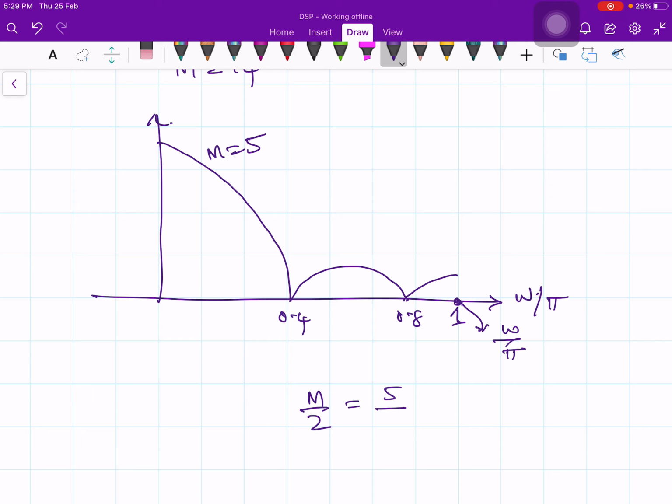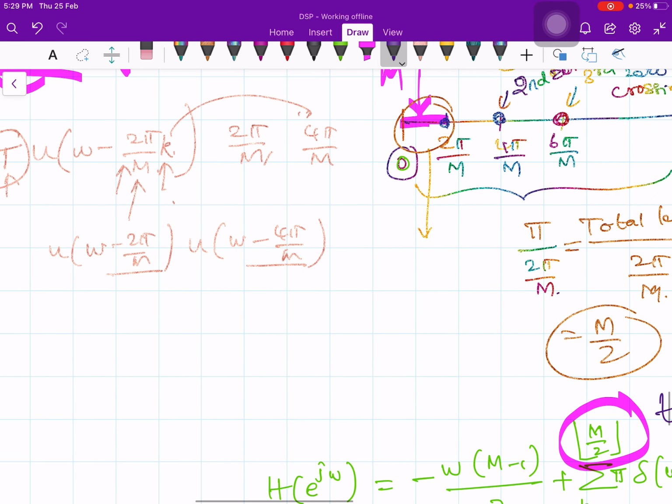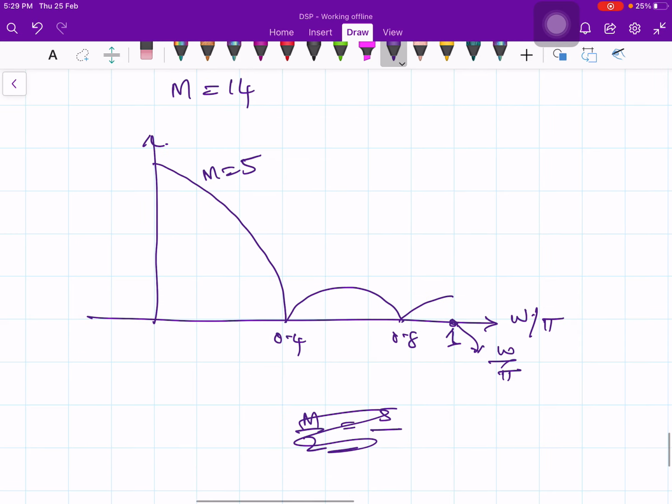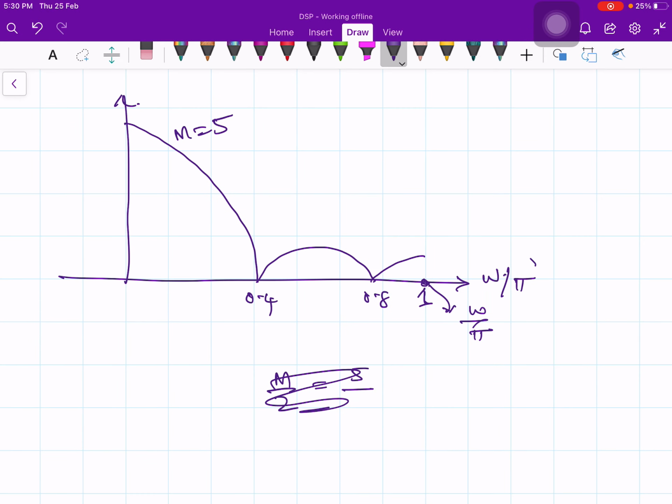Wait a minute, sorry, it is a normalized scale. Therefore, if you look here, 2 pi by m, right? The scale is not the omega scale, it is omega by pi. Therefore 2 pi by m, this pi you remove because it is normalized. Therefore 2 by m, so 2 divided by 5, this is 0.4.